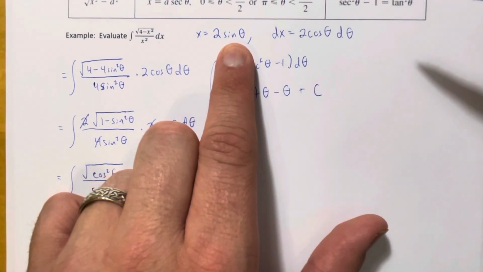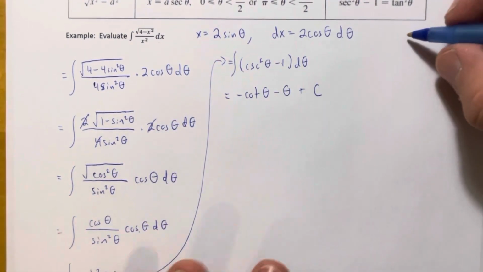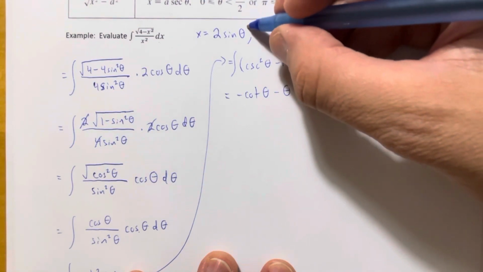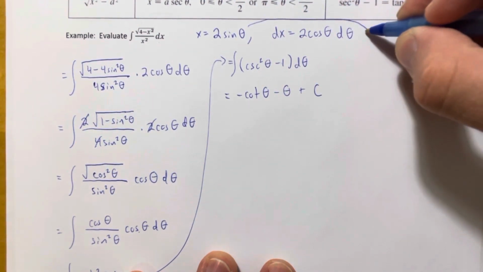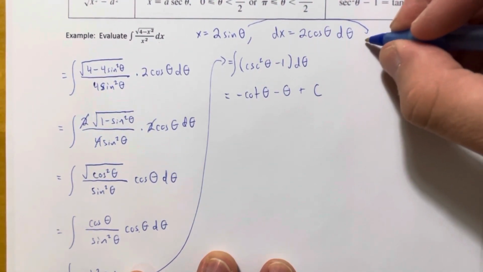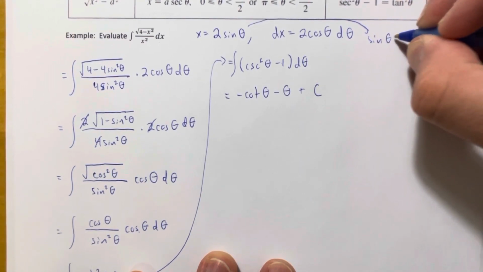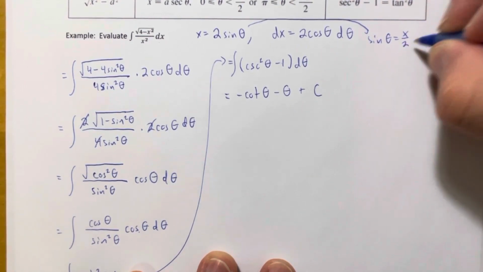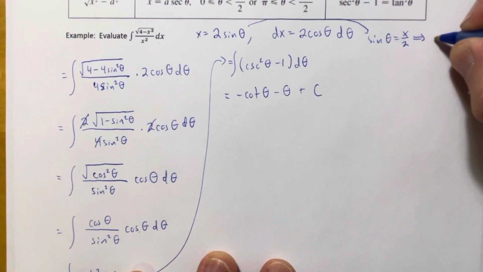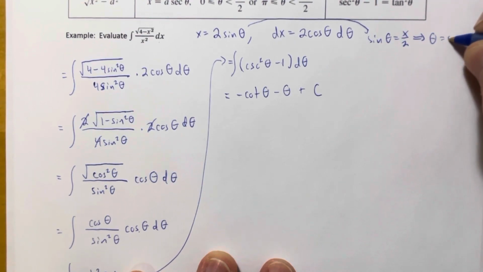So if I were to solve for this theta here, I would have sine of theta equals x over 2. And then if I take an inverse sine, I end up with theta equals the inverse sine of x over 2.